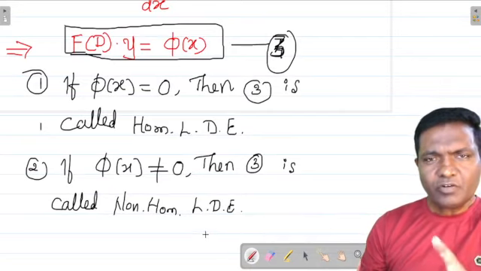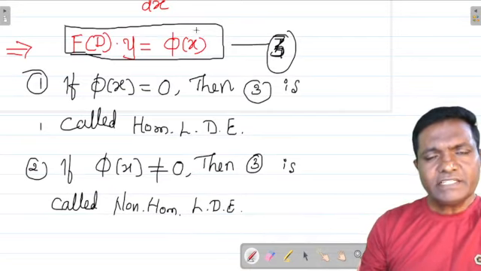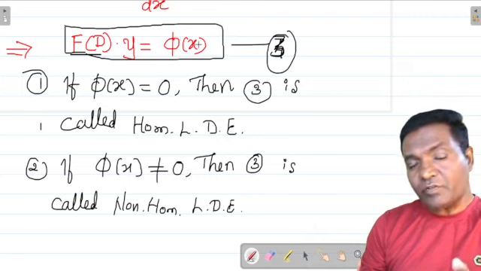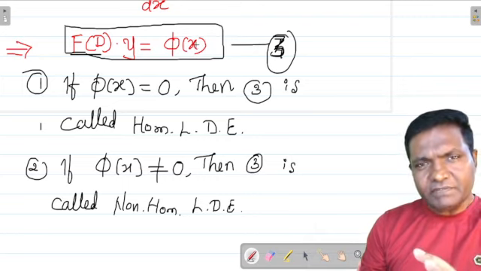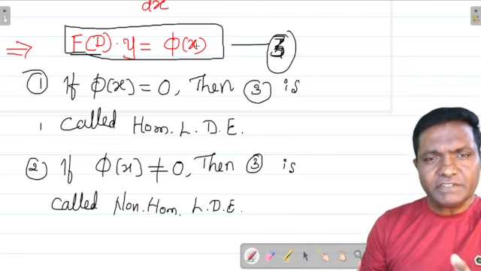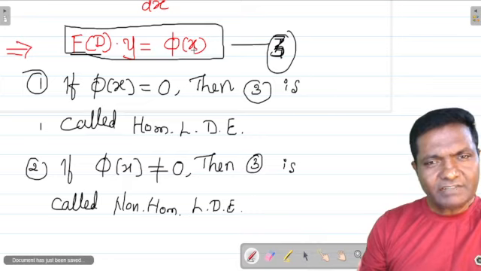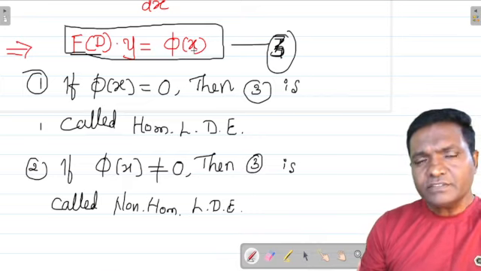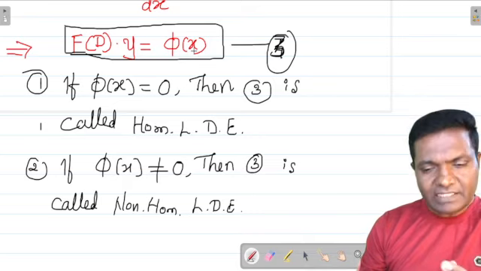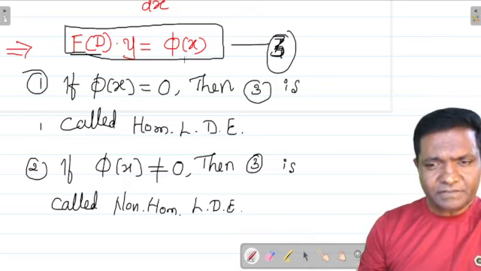So remember, homogeneous means the right hand side is not a function of x, you will find only 0, and if there exists any function of x, that equation is called non-homogeneous linear differential equation. Now we will discuss how to find solution of linear differential equation.